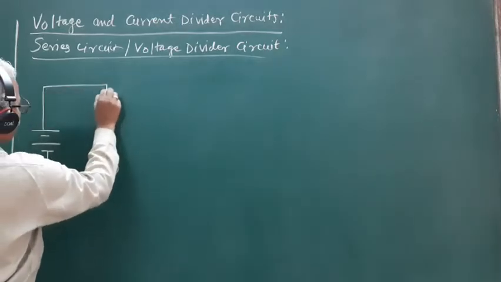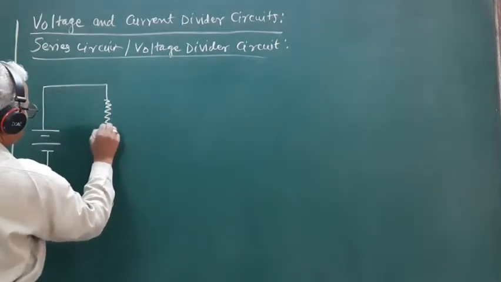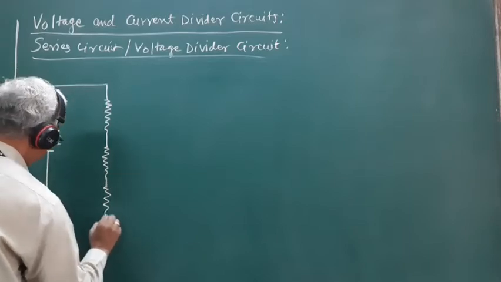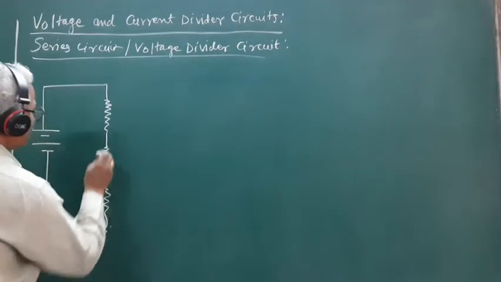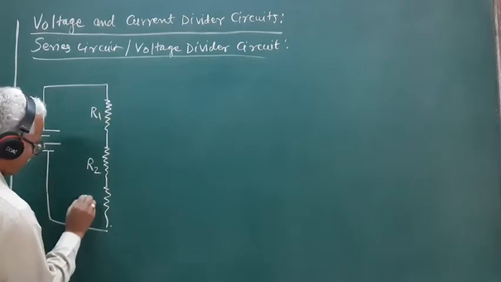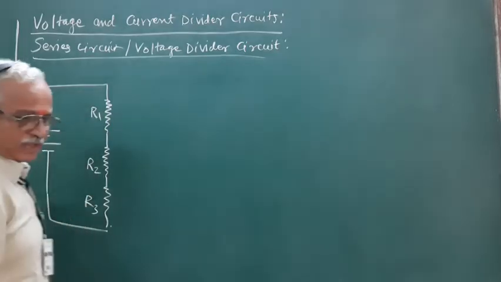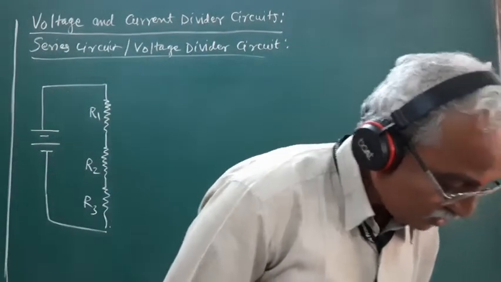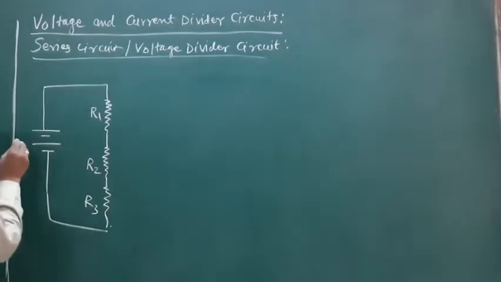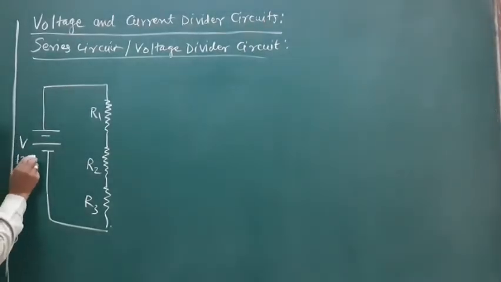Suppose we have a source of EMF, and across this source of EMF, say three resistors are connected in series, that is end to end. Suppose this is the resistor R1, this is R2, and this is R3, and a voltage of say 12 volt is applied here. V is 12 volt.